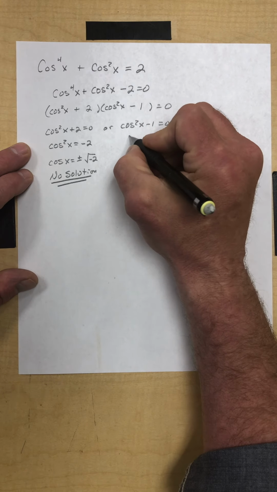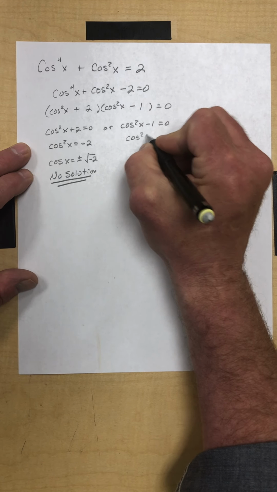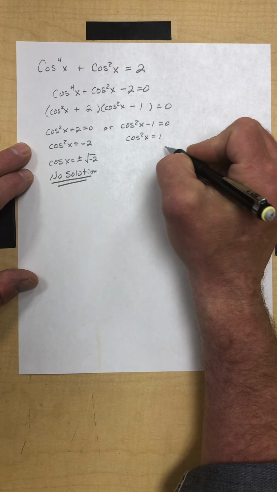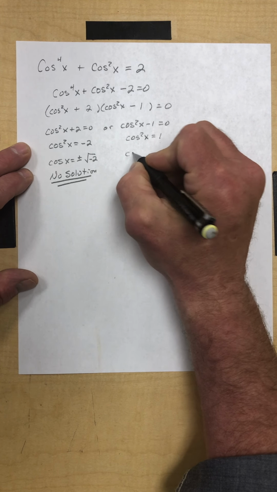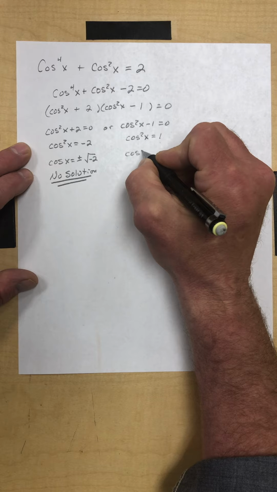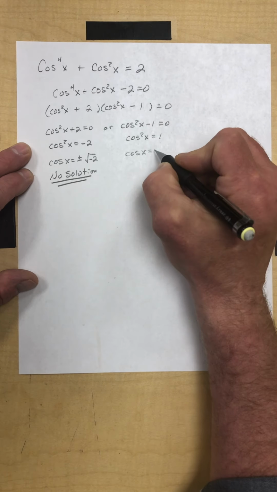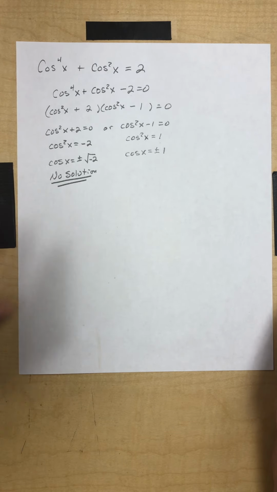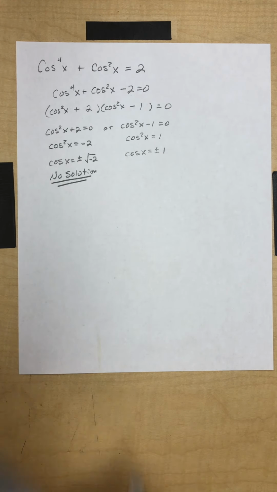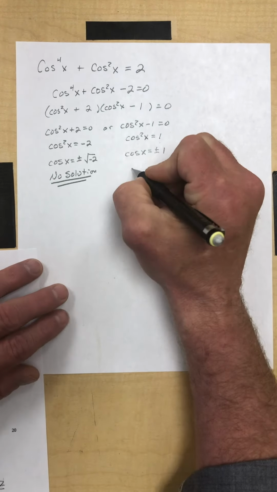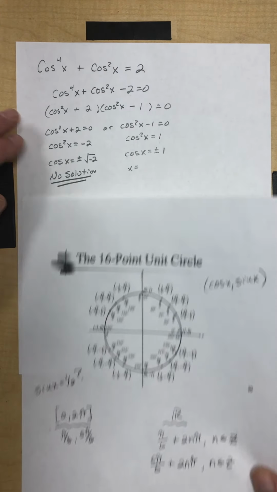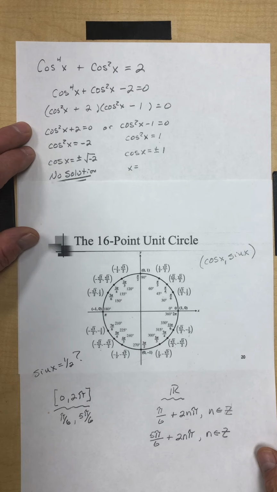This guy, we're going to get cosine squared of x equals 1. Taking the positive and negative square roots, this would give us cosine of x equals plus or minus 1. So we go to our unit circle. When is the cosine equal to either positive or -1?